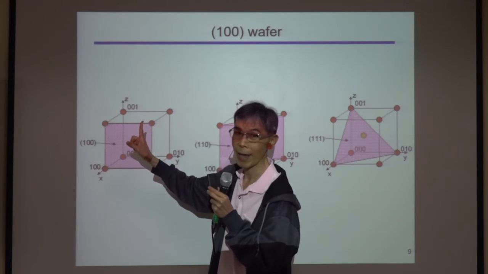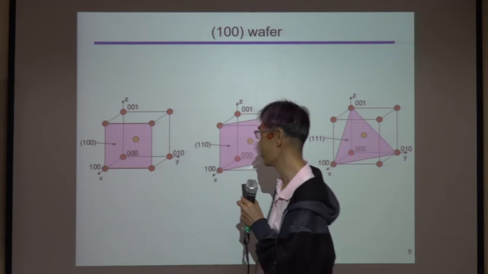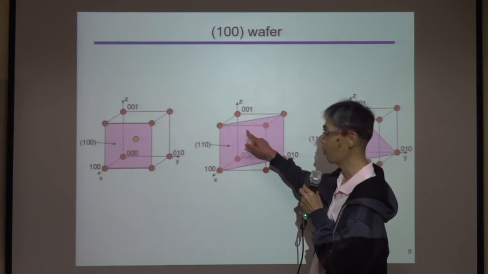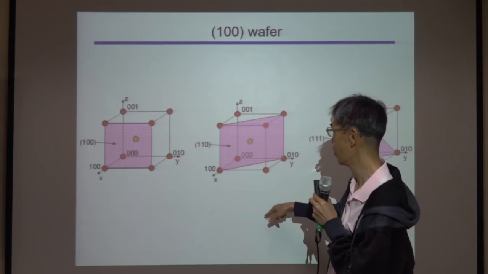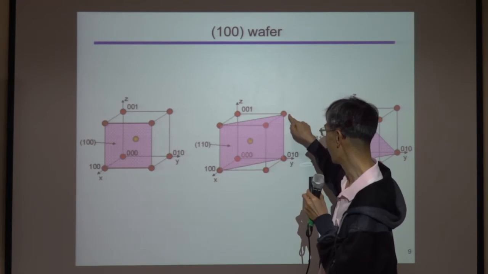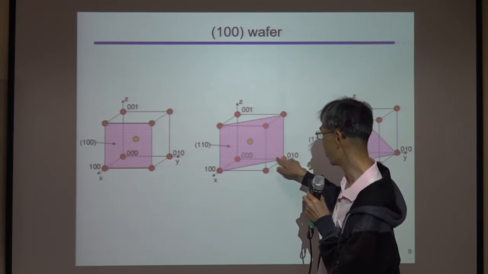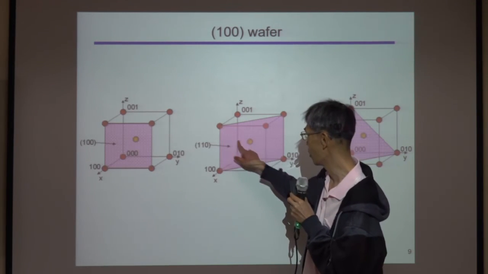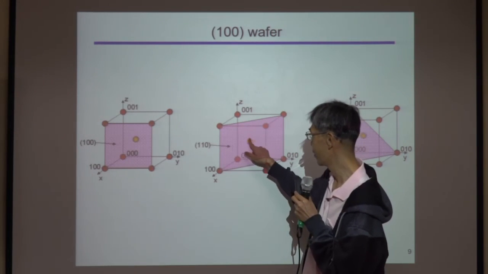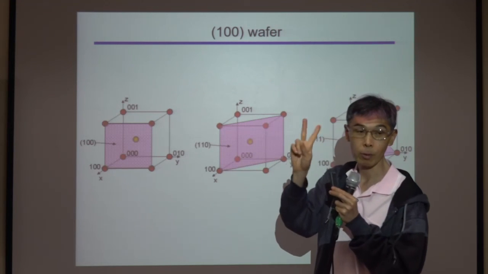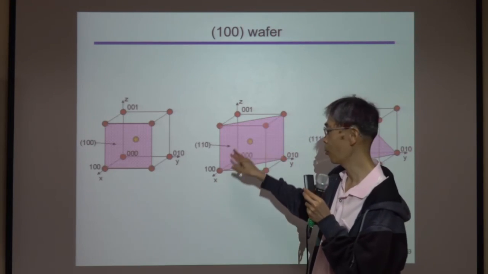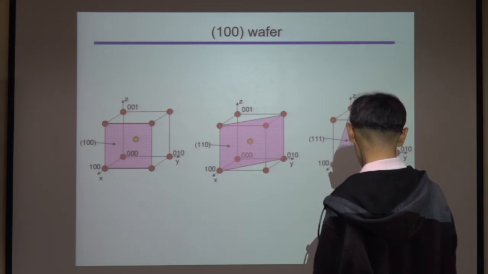So we have 1 atom on this surface. For the 110 surface, we have 1/4, 1/4, 1/4, 1/4, and 1. So in total we have 2 atoms on the 110 surface.